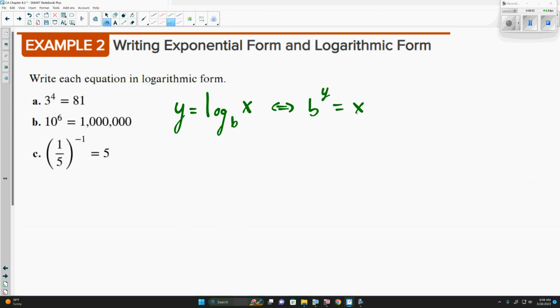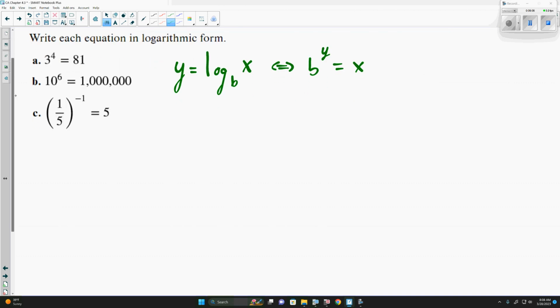Now we're going to go from exponential to logarithmic. So we're going to go the other way. We're going to rewrite it from exponential to logarithmic. Y is equal to log base b of x. What it's equal to is our exponent. So here the exponent is 4.